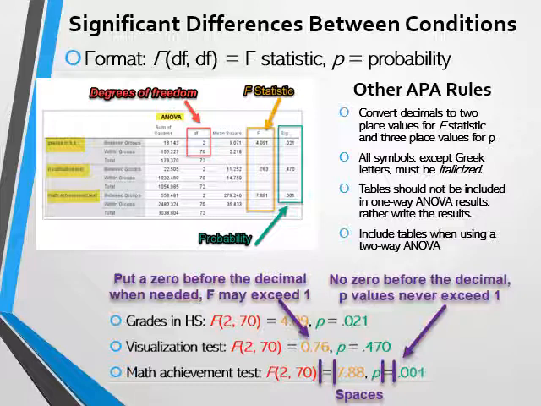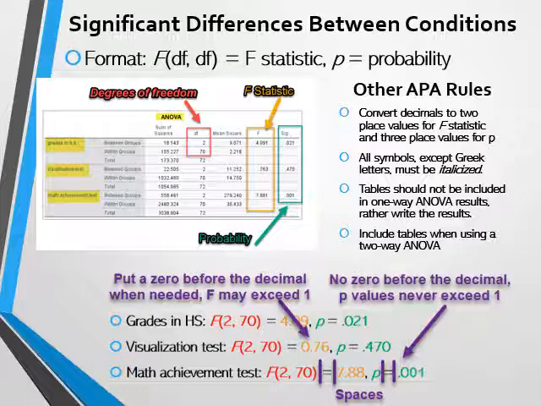It's really important to remember to include spaces before and after your equal signs in order to adhere to APA format. Other APA rules are making sure you convert your decimals to 2 place values for your F statistic and 3 place values for your p value. All symbols except your Greek letters must be italicized, which is why your F and your p values are italicized.